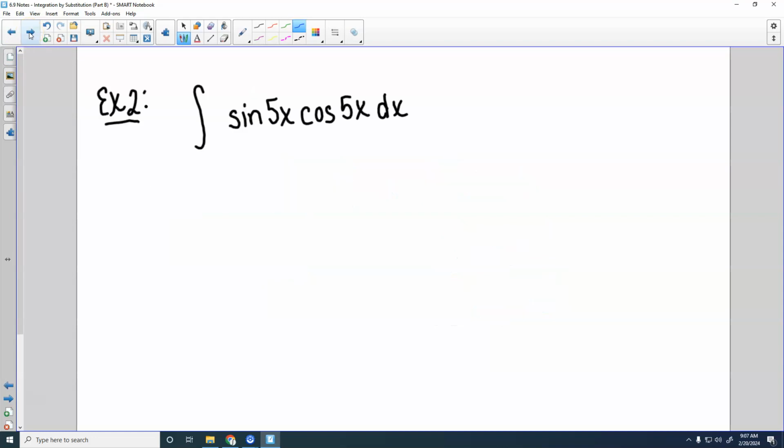All right, let's try this next one. So we got sine of 5x times cosine of 5x dx. So this one becomes a little bit more difficult to figure out what the u should be for this problem. What do you guys think?